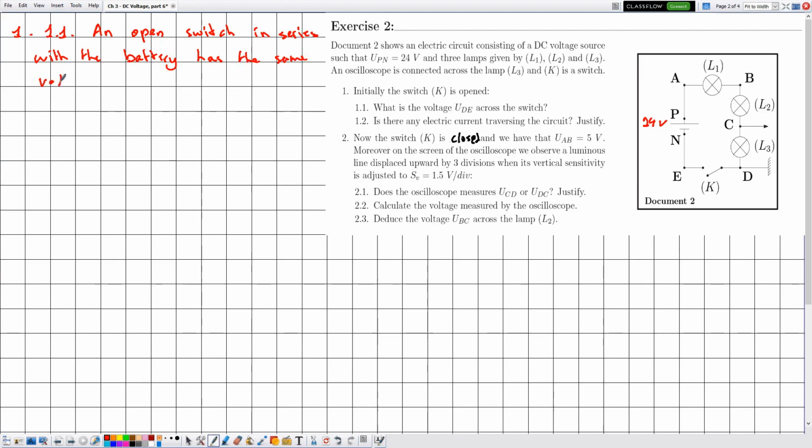Therefore, in this case, UDE is equal to 24 volts, which is the voltage of the battery.